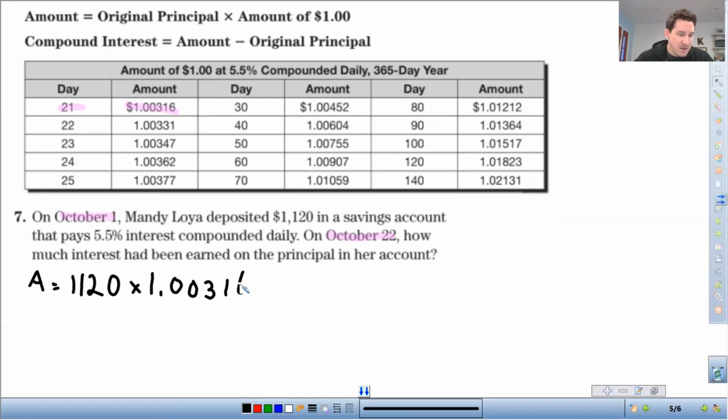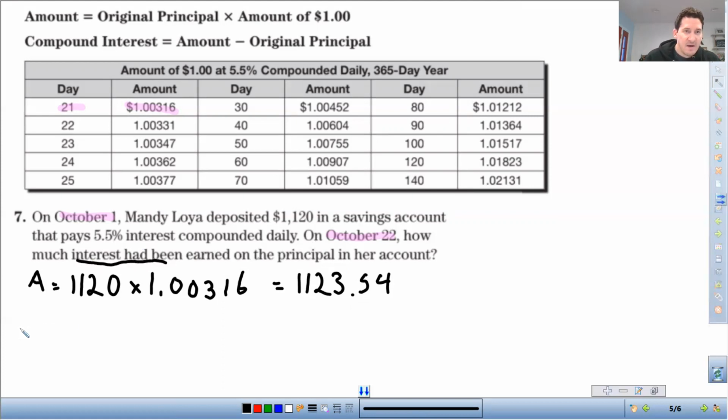Let me get out my calculator. So 1,120 times 1.00316, that comes out to $1,123.54.